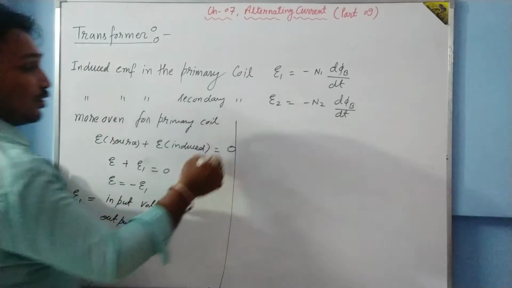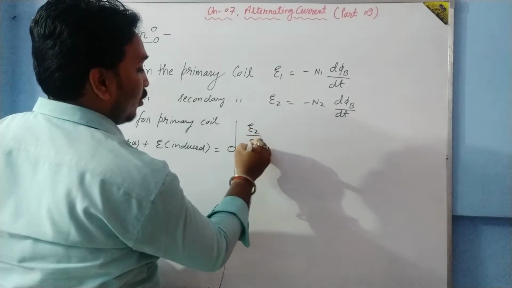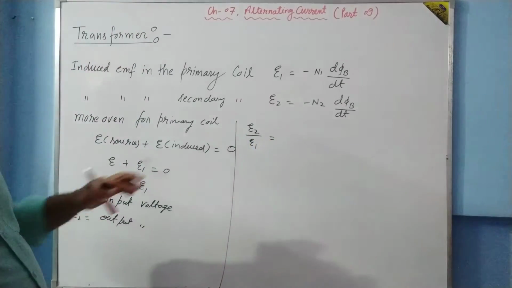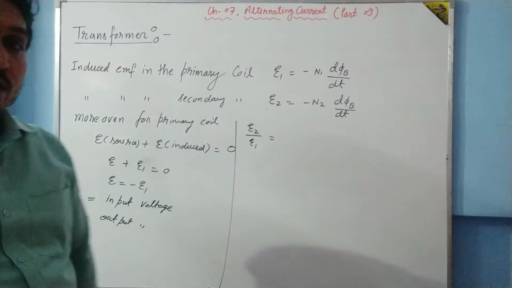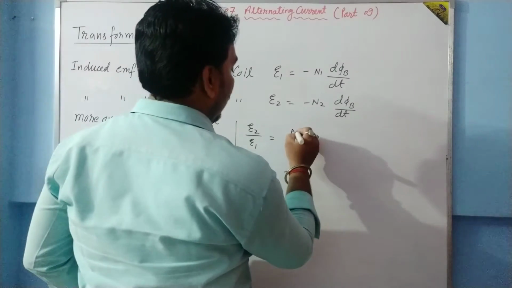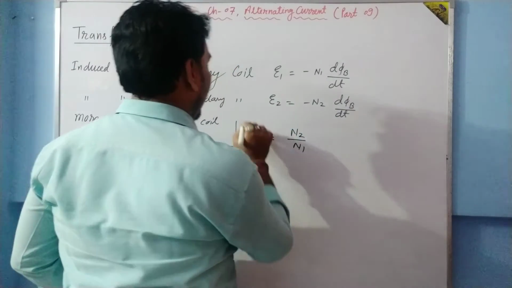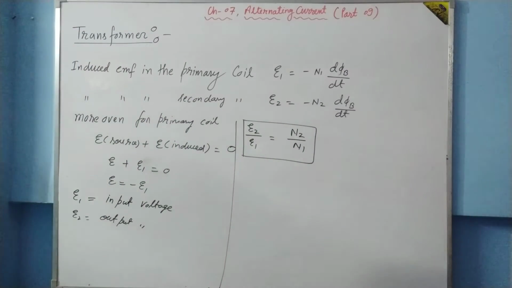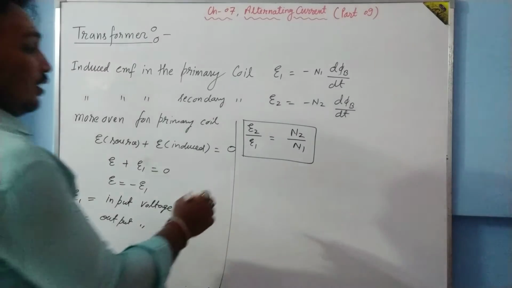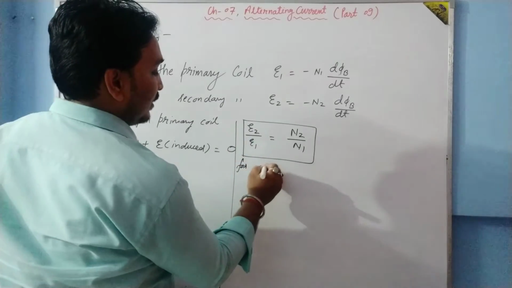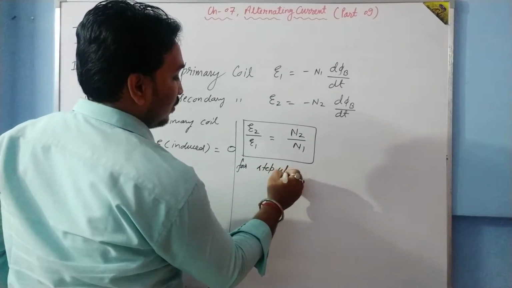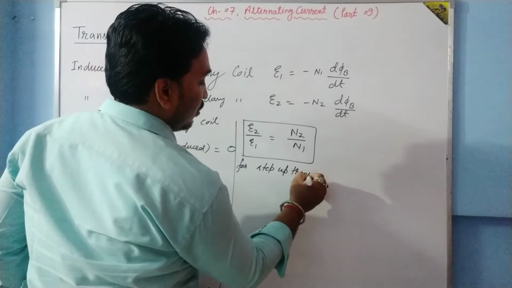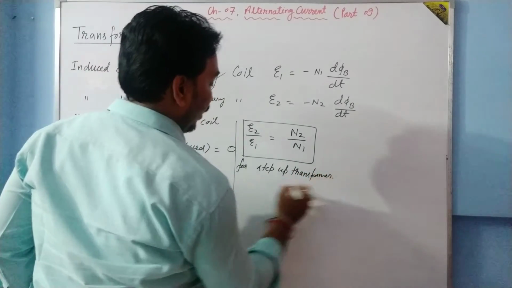So if we take the ratio of E2 upon E1, then dφ by dt will be cancelled out, and we are going to have N2 upon N1. So from here it is very much clear that if we want to step up the voltage, then for a step up transformer, what we need to do?